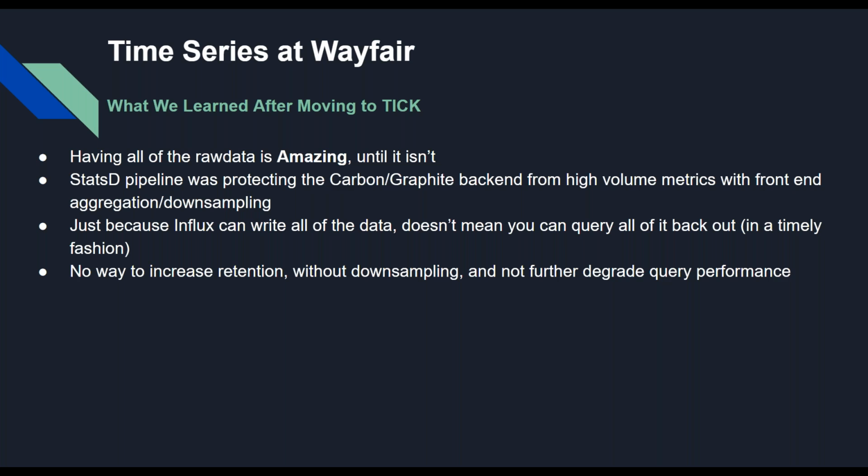That was where having raw data was really starting to be an issue for us. We hadn't realized just how much statsd was doing to help the previous system in terms of doing all that aggregation and downsampling at the very front end of the pipeline. There were a lot of measurements coming in that had some very big swings in volume that we just weren't aware of because we'd never seen the raw data before.